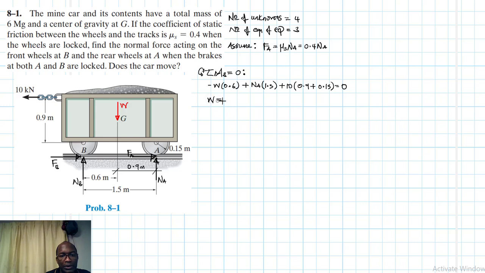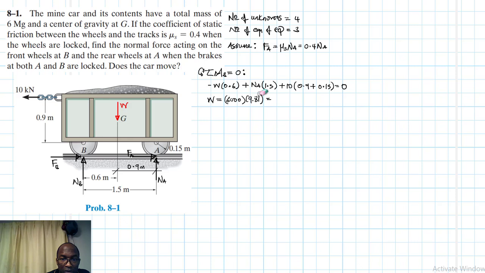Our W is going to be equal to, this is mega, so say 6,000 kg times 9.81.